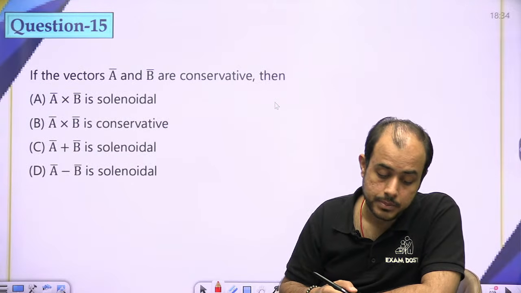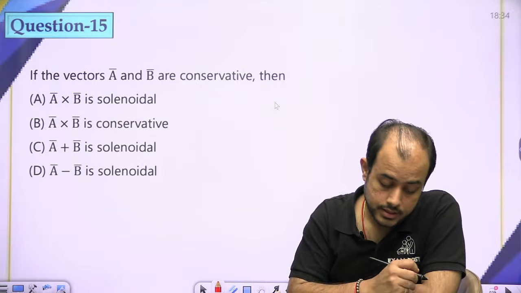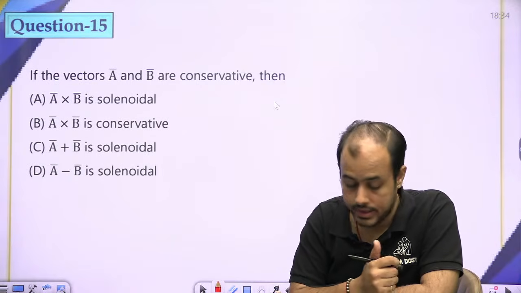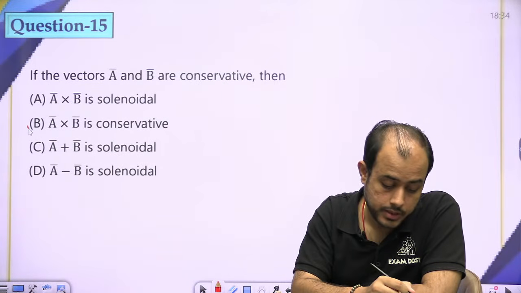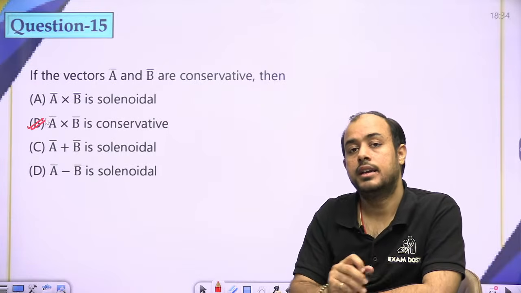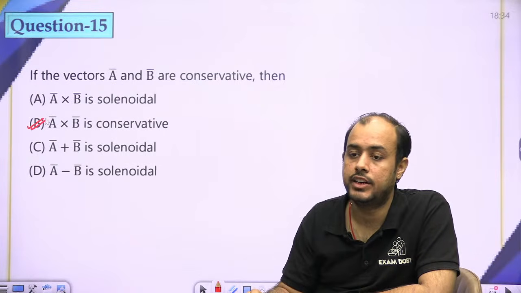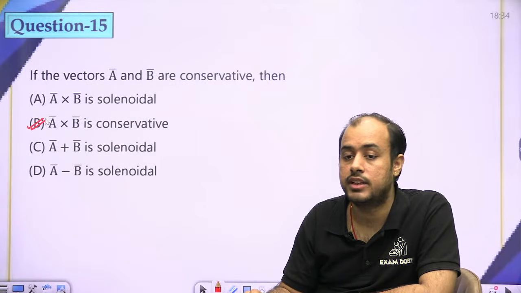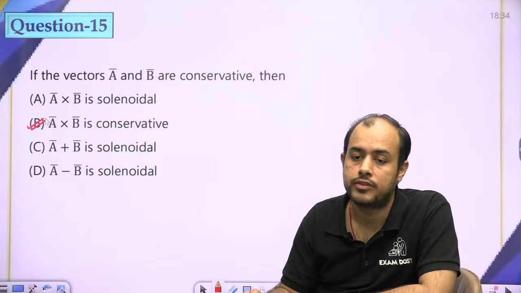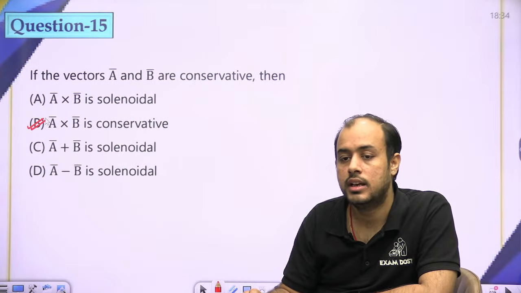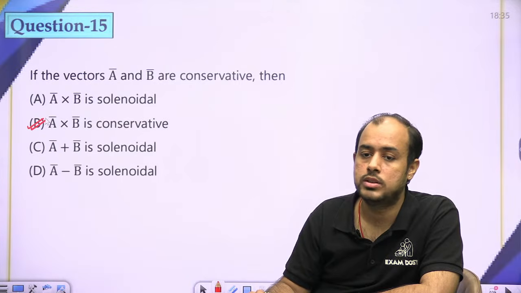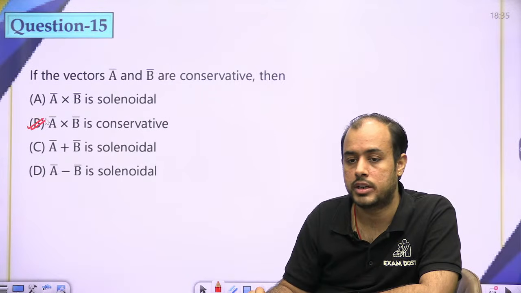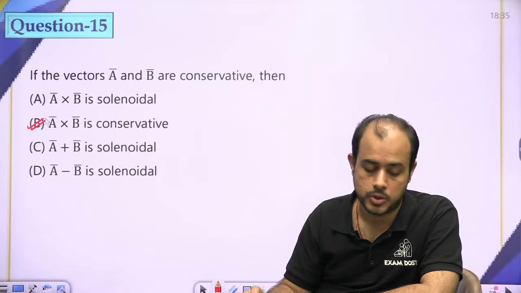If vectors A and B are conservative, then A cross B will also be conservative, because if they are conservative, their curl is 0. Then the curl of their cross product is also 0. अगर ये कंजर्वेटिव है, इनका कर्ल 0 है, तो इनके क्रॉस प्रोडक्ट का कर्ल भी 0 ही आएगा. Okay, so you can do that using the property of the cross product. You will find that the curl of cross product is also 0.